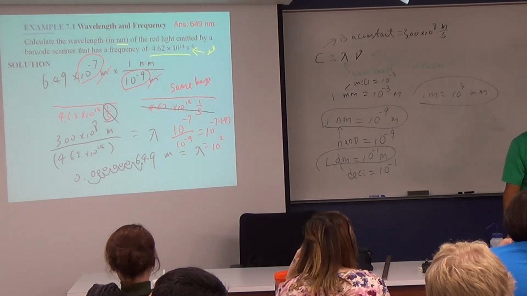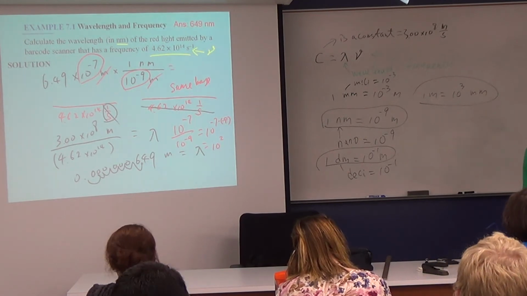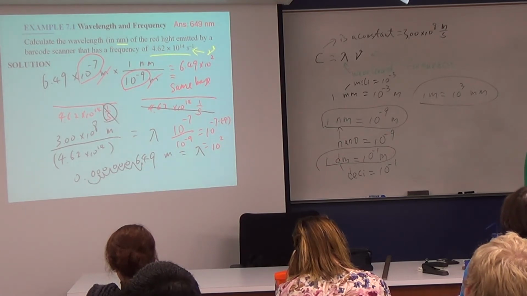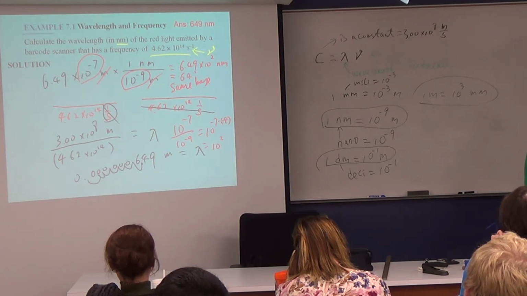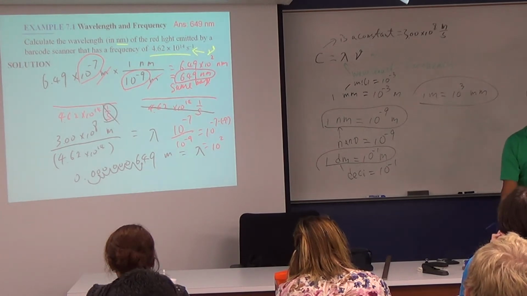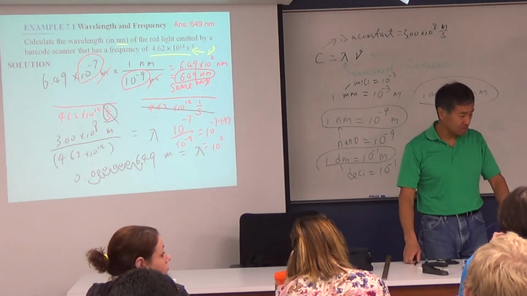Sometimes you don't even have to use a calculator. So you get 6.49 times 10 to the positive 2, and obviously this has the unit nanometers. This will become 649, because this number is not too big, not too small, so you don't have to use scientific notation.